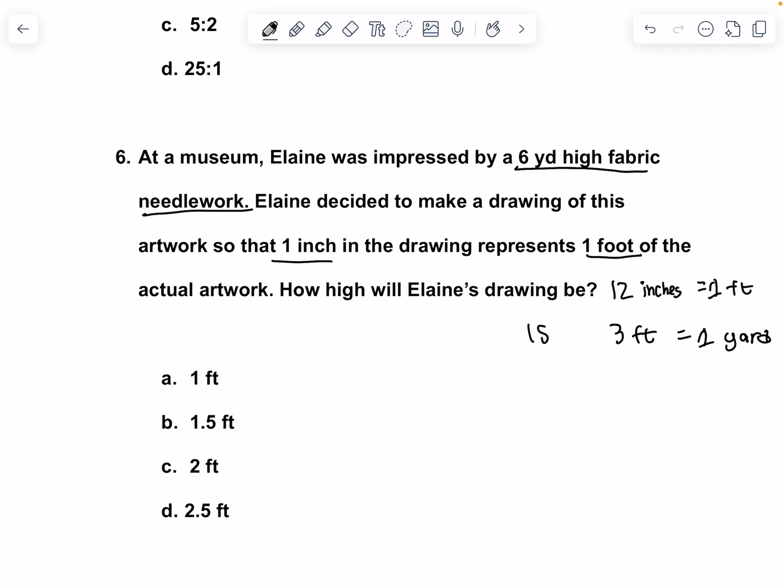So it'll be 18 inches in her drawing for the 18 feet. So that would represent her drawing at 18 inches. And then we also know the conversion rate, which is 12 inches to 1 foot. So we know 18 divided by 12 is 1.5. So it'll be 1.5 feet.